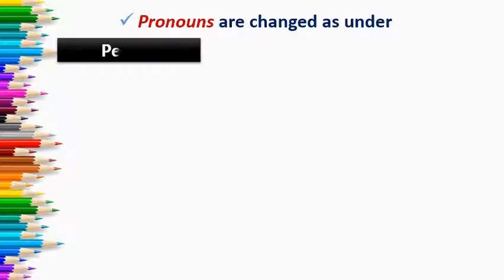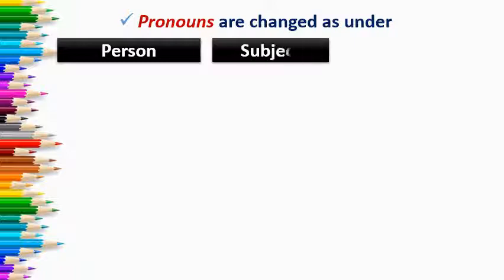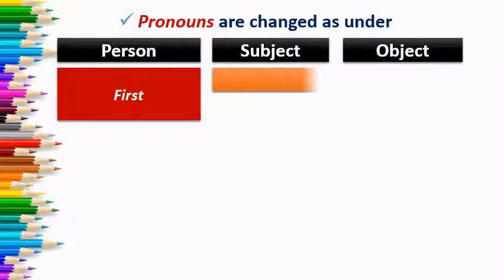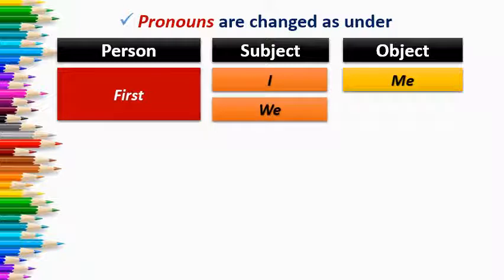Now let's see how the pronouns are changed when we are converting active into passive. As we have three persons in English, first person, second person, and third person. The first person, when it is in active voice, is a subject, but when it is converted into passive voice, it becomes an object: I will convert into me, we will convert into us.